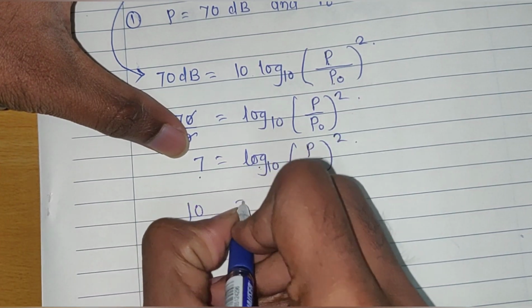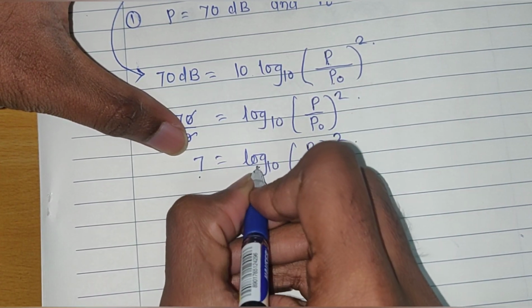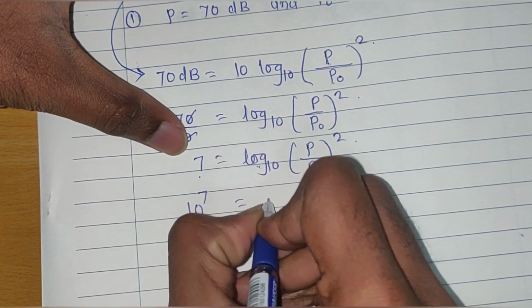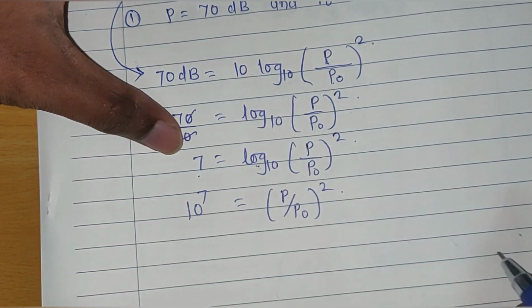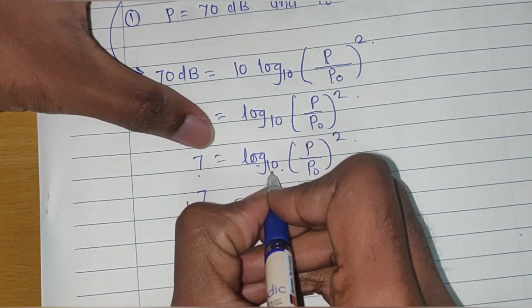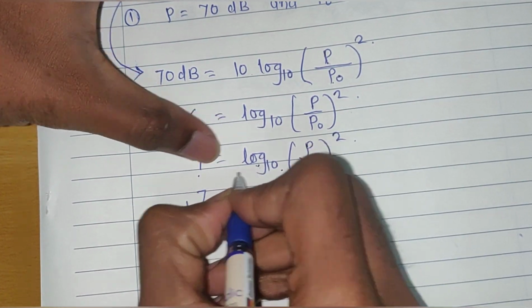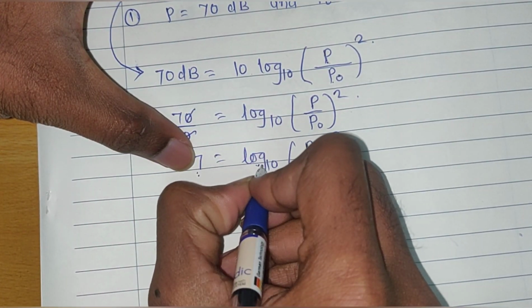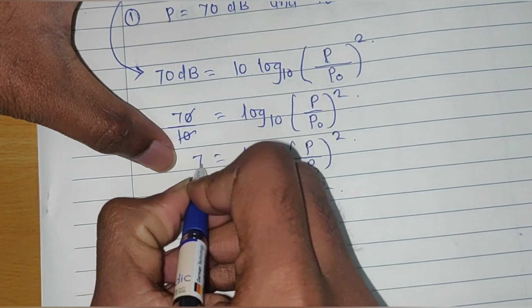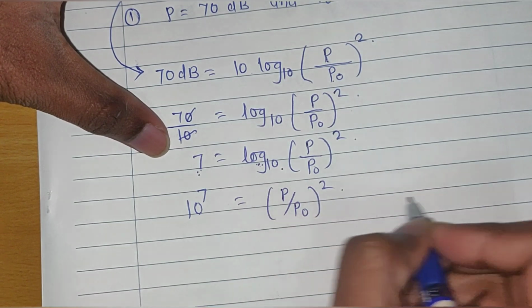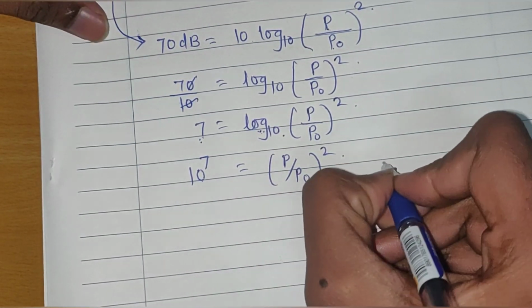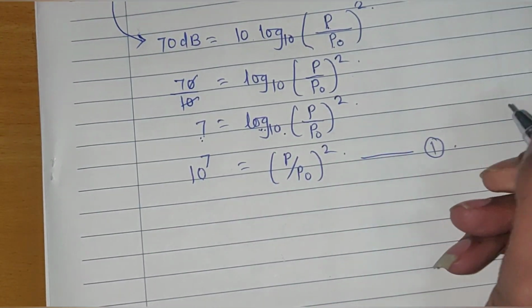That means you can write this equation as 10 to the power 7 is equal to (P upon P naught) whole square. This is the property of log. If you bring this log to that side, the log becomes 10 as the base, and these base values go to the power value. This is the property of log. So this is equation 1.